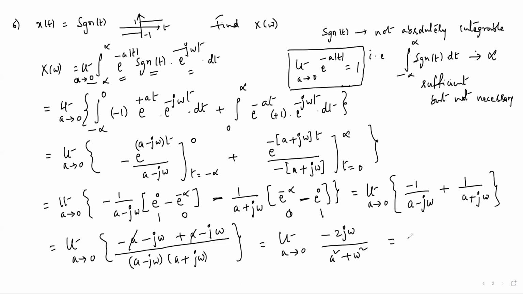Now let us take the limit a tending to 0 here, so that this term is 0. So what we get? Minus 2j omega divided by omega square, or else minus 2j by omega.